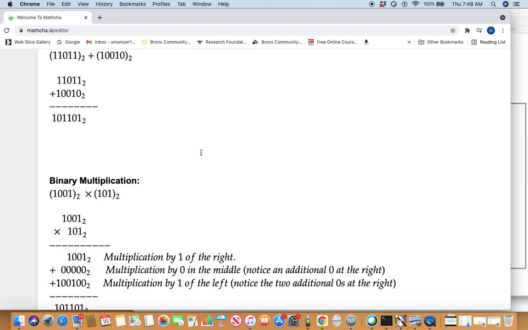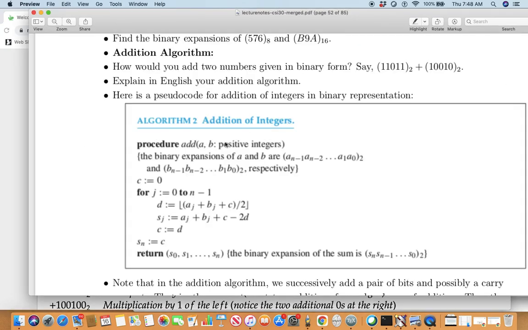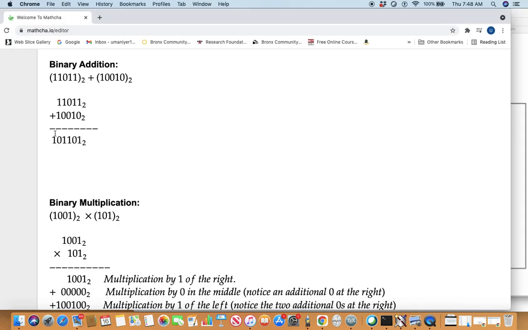All right. Now, algorithm for addition. How do we add two numbers in binary digit? So you arrange them one below the other, making sure the digits are aligned. You simply add in base 2. What does that mean? 1 plus 0 is 1. 1 plus 1 is actually 2.